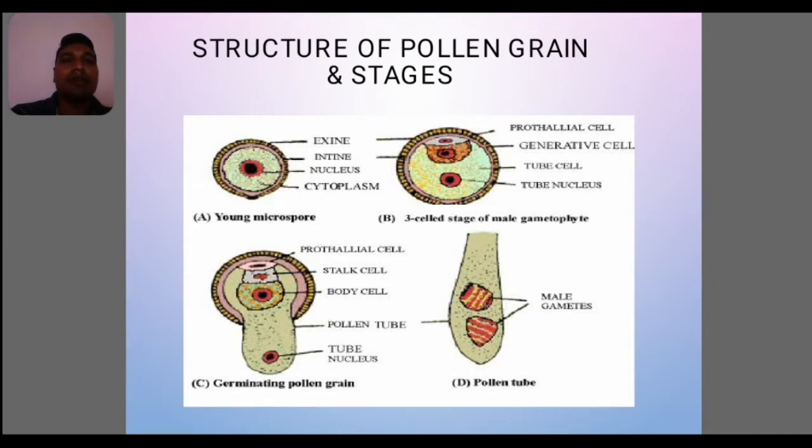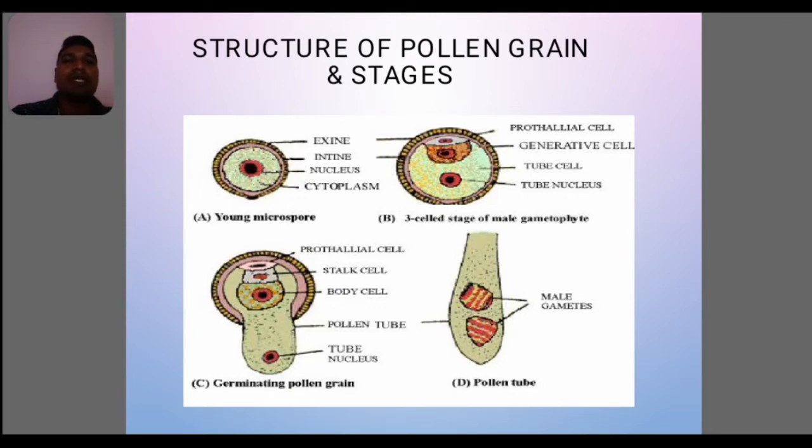Diagram A shows the young microspore. Later, diagram B shows the three-cell stage of the male gametophyte. Again, there is the formation of the prothallial cell, the generative cell, and the tube nucleus, that is, the tube cell.